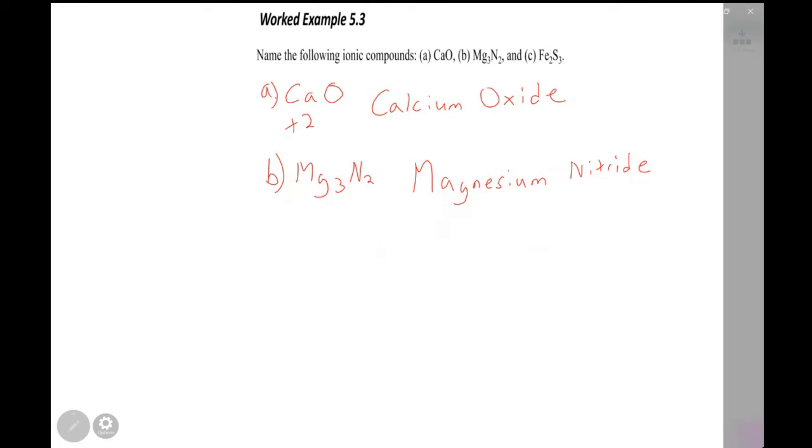Okay, this last one, we have iron. We have 2 of those. We have sulfur. We have 3 of those. So this is one where we have to decide, okay, is there more than one possible cation? Is there more than one possible anion?